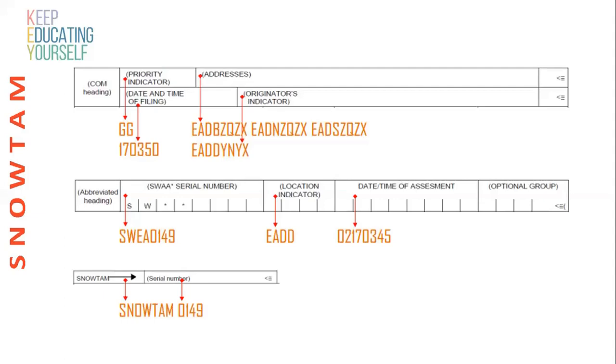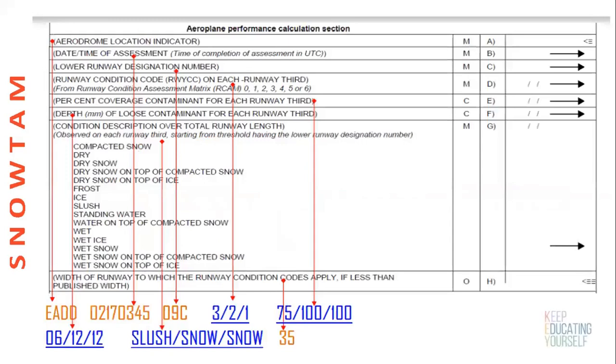Then location indicator of the aerodrome for which SNOWTAM has been issued is Echo Alpha Delta Delta. Date and time of assessment, 02 is month, 17 is date, 0345 is the time. Then optional, you leave it. Then serial number will be generated automatically. Then first part, you see aerodrome location indicator.